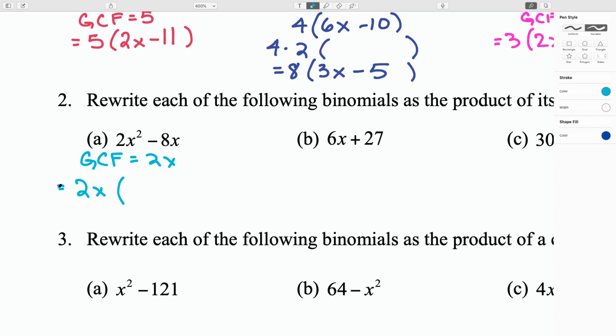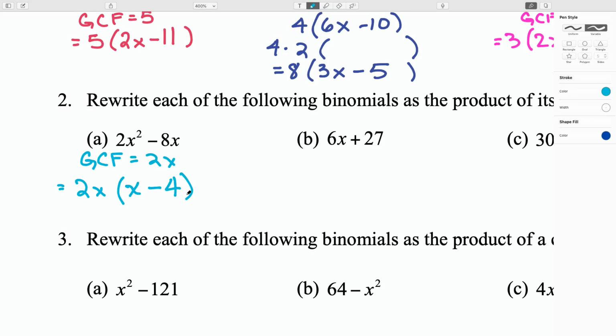So 2x times x will give me 2x squared because x times x can be written as x squared. And 2x times minus 4 will give me a minus 8x. And we're done.